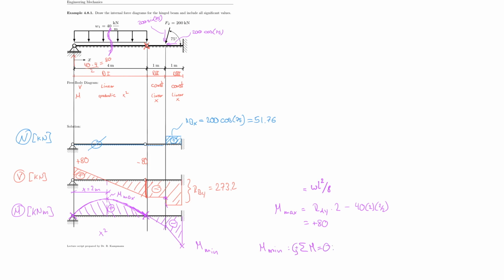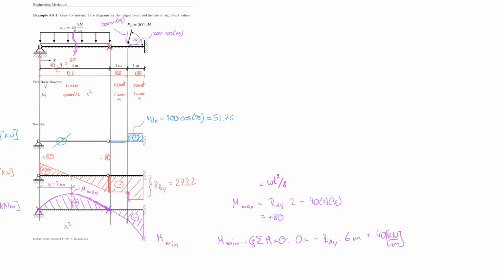And I'll turn counterclockwise positive, and 0 is equal to, so negative RAY times 6 meters plus 40 kilonewton per meter multiplied by 4 meters multiplied by, now I need to be careful, 4 over 2 plus 1 plus 1 meters.